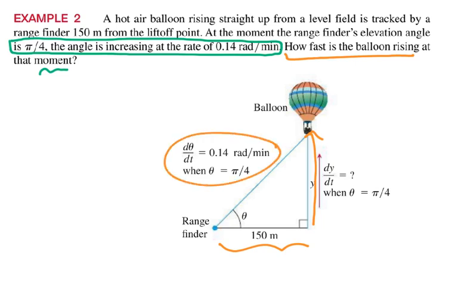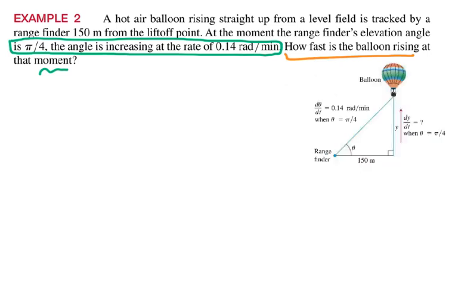We have some given data that represents our moment, and we are talking about the rate at which that angle is changing. So draw the picture on your paper, and think about what your variables are and list them in a way that makes sense to you. And then think about what you're being asked to find.